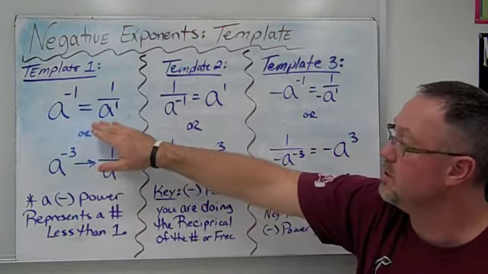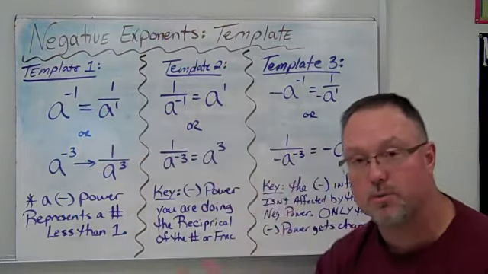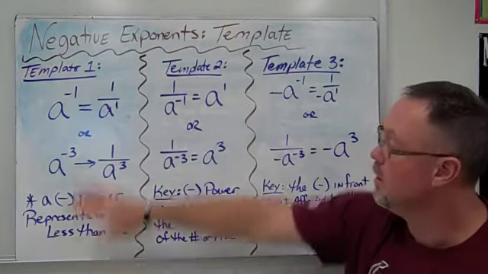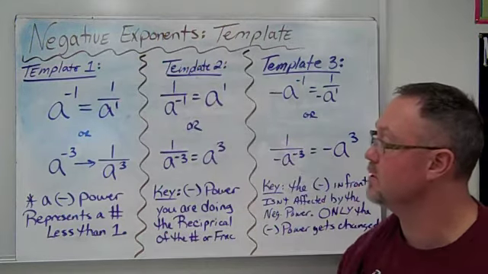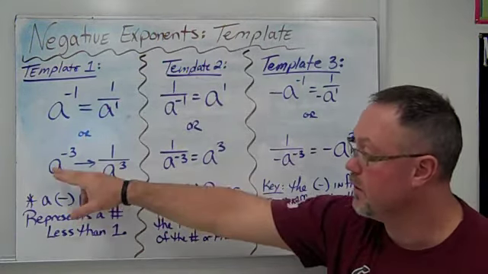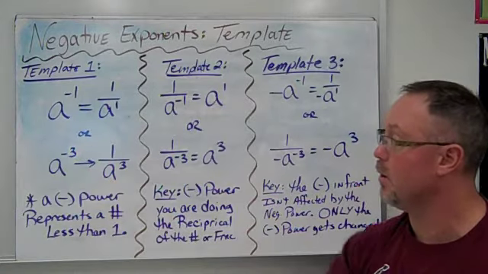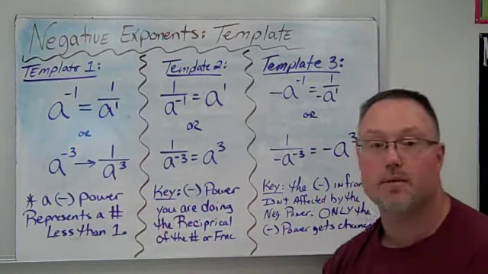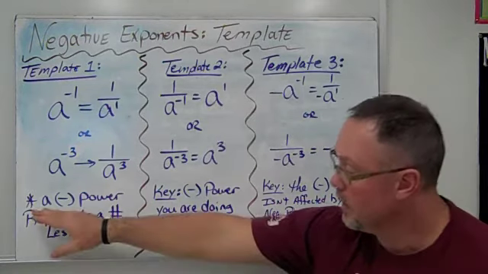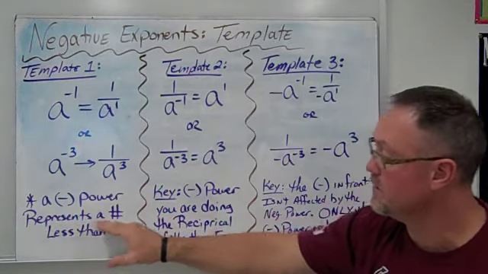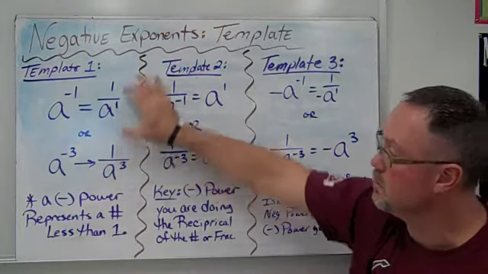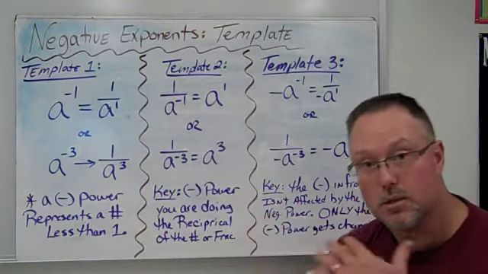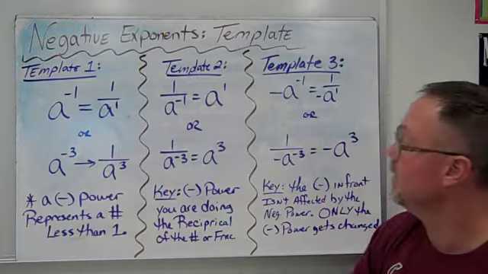If we change it to make it a positive, because we always want to deal with positive powers, we're going to flip it or take the reciprocal. Or if I give you A to the negative 3 power, we bring that along, flip it over, and we're going to have the power of 3. So a negative power represents a number that's less than 1, so you have fractions.